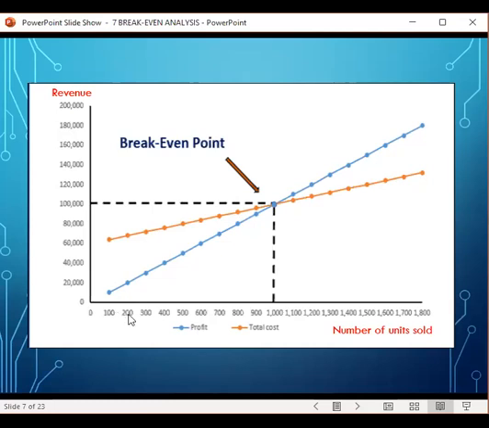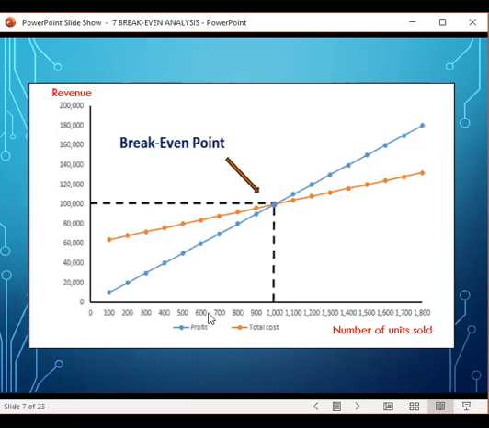So here, if you sold only 200 pieces, we'll try to look at the profit first, the blue one. If you sold only 200 pieces, that this is the point, then your revenue is only 200,000 pesos, or 20,000 pesos rather. That is how you understand the graph.